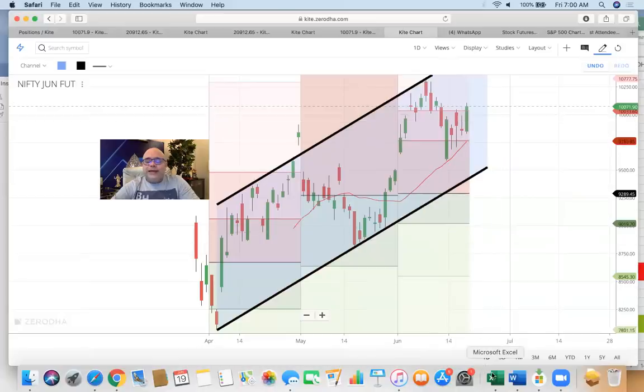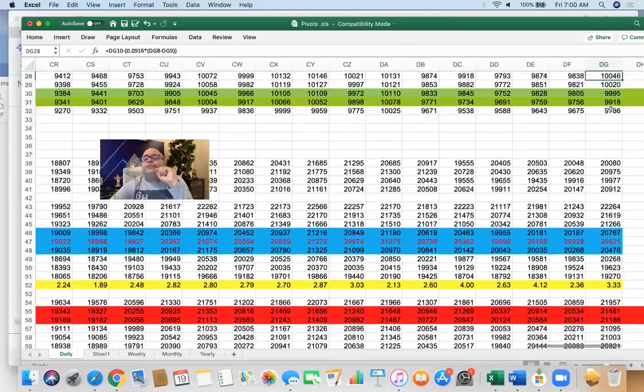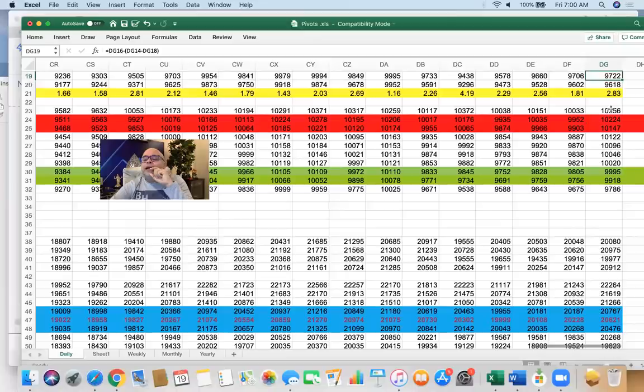Having said that, on the Camarilla, today's Nifty supports are 9918 to about 9995, and resistances come in at 10,147 to 10,224.